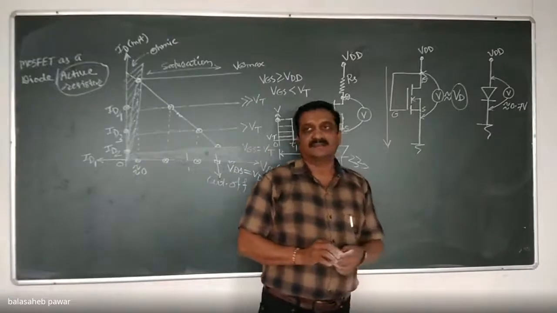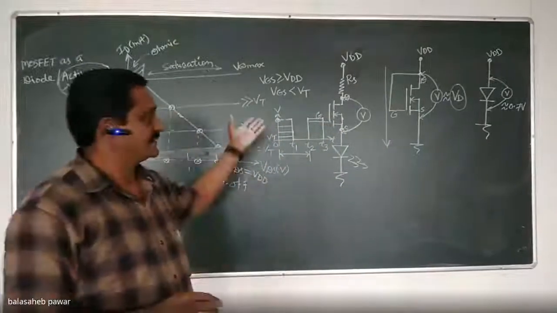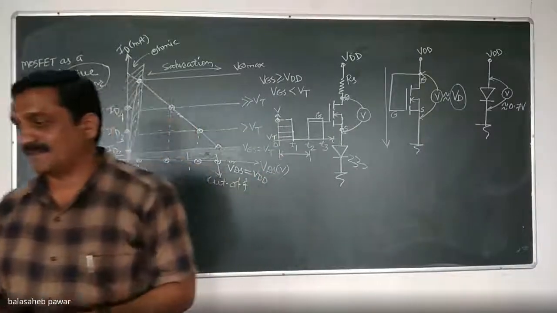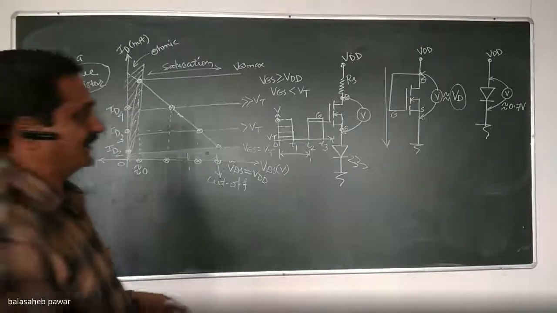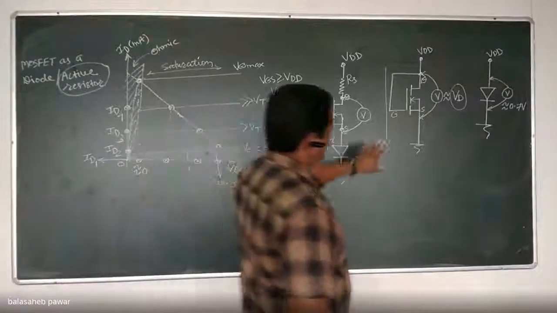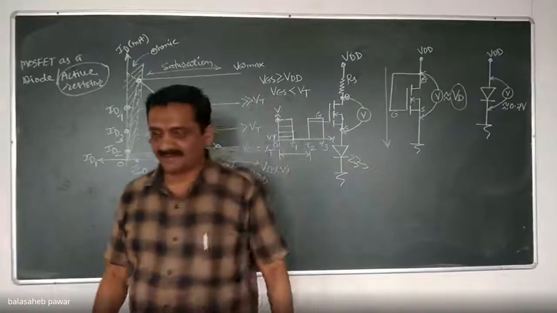Then we'll continue with the same topic and the next application of this MOSFET under this unit, MOSFET as a current sink and current source. What is meant by current sink and current source? That also I will prepare and discuss during the next lecture.